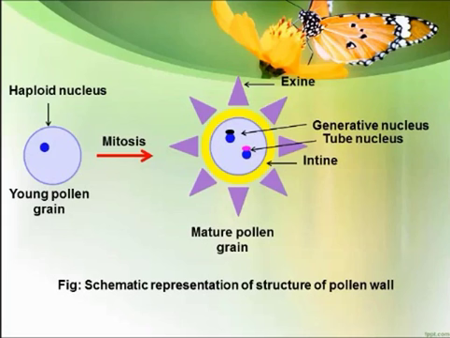Sporopollen is remarkably known for its great strength, elasticity and chemical durability. It can even withstand high temperatures and strong acids and alkaline conditions. So far, no enzyme is known that can degrade sporopollen.